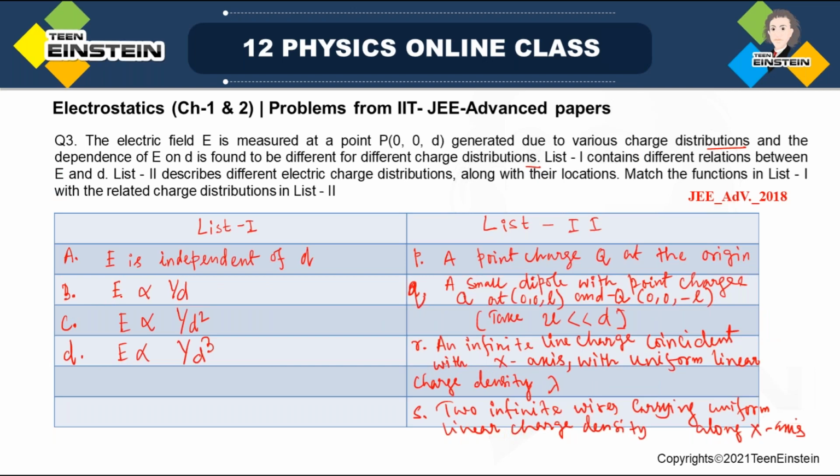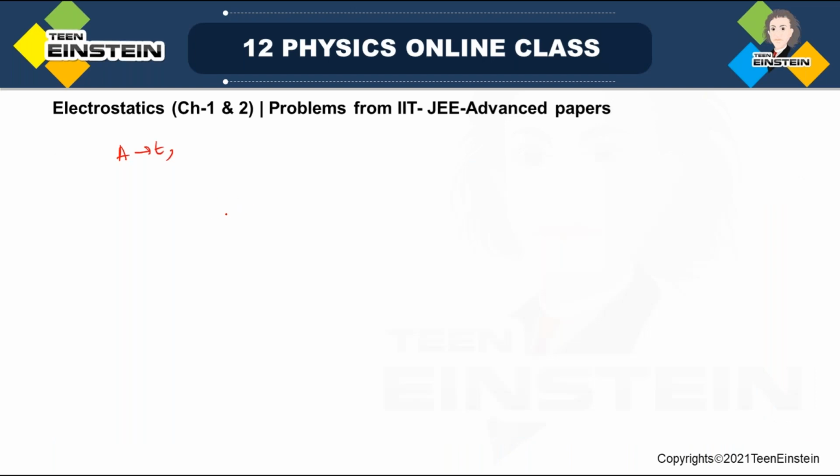The second thing is E is inversely proportional to D. In case of infinitely long line charges, the electric field becomes lambda by 2 pi epsilon naught d.